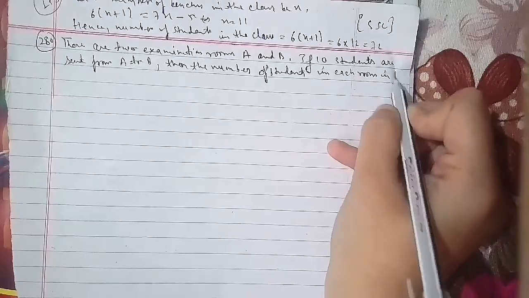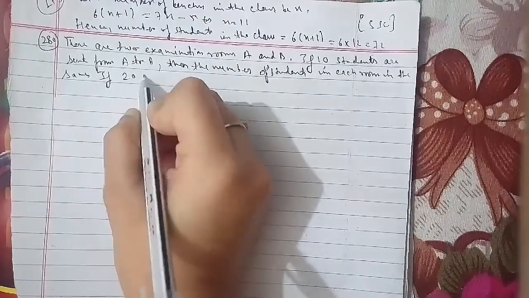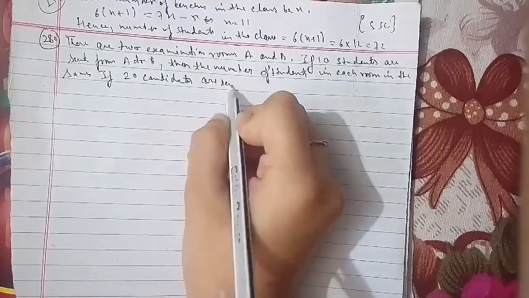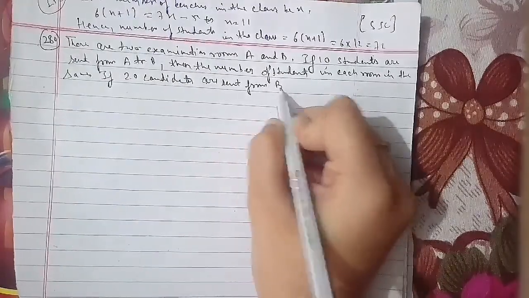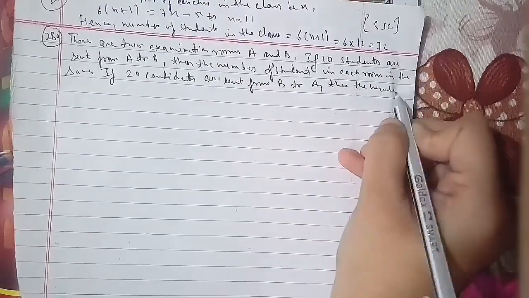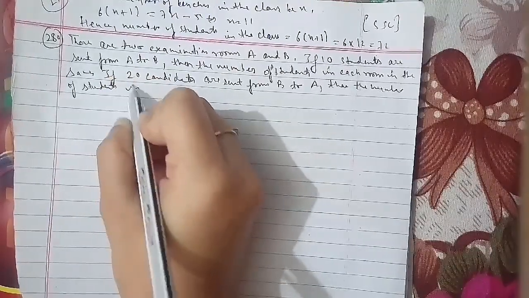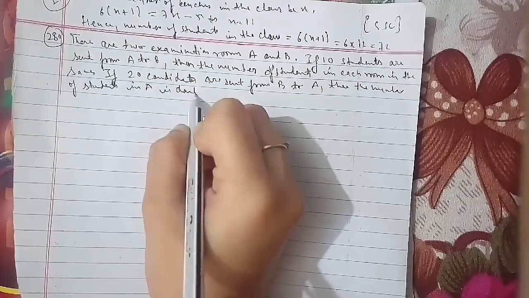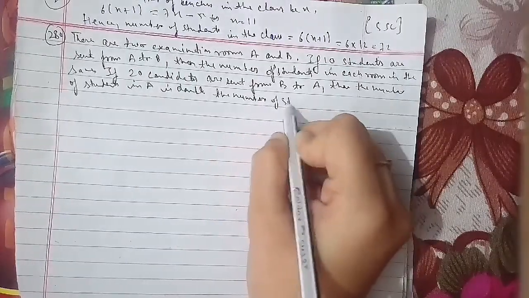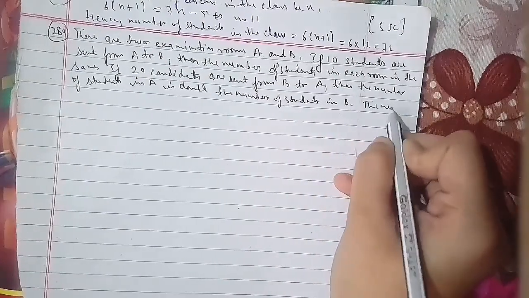If 20 candidates are sent from B to A, then the number of students in A is double the number of students in B. So the number of students in room A.